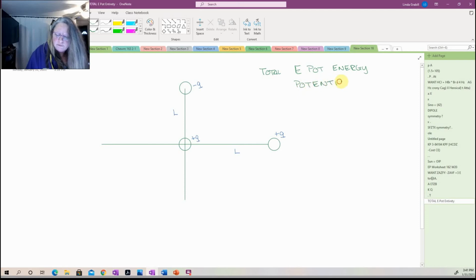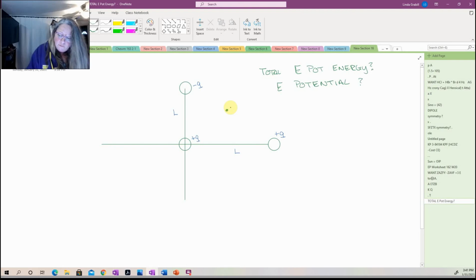Let's do both. For the electric potential, we'll choose a point here. Let's just start with the potential energy of the system.